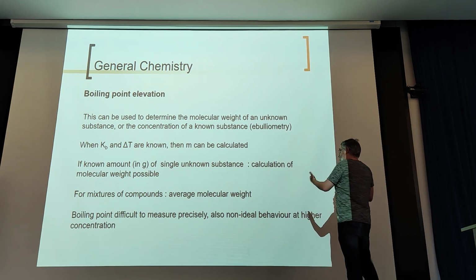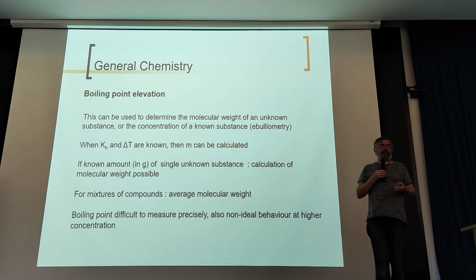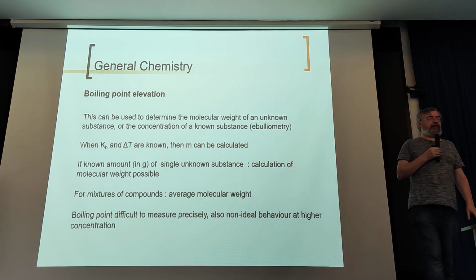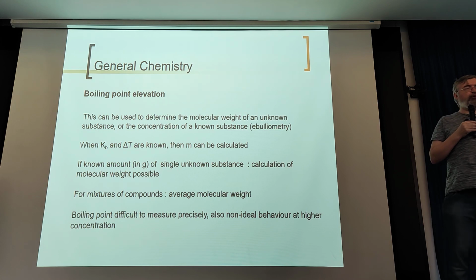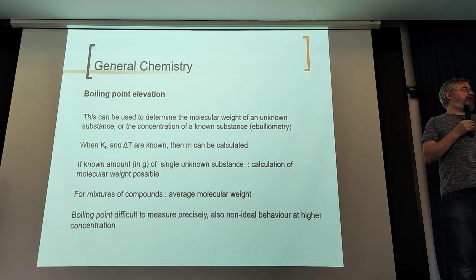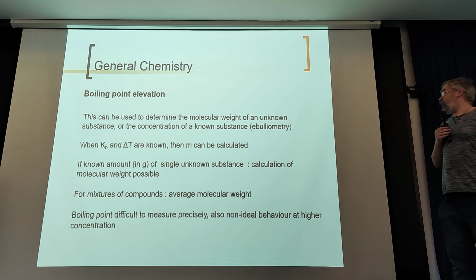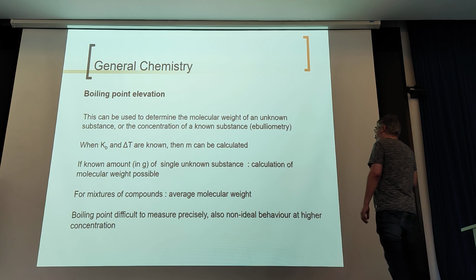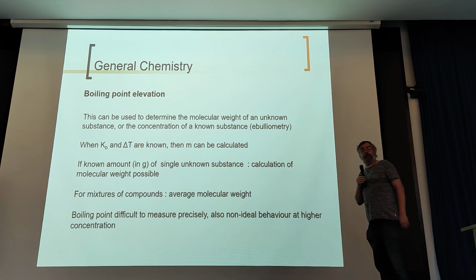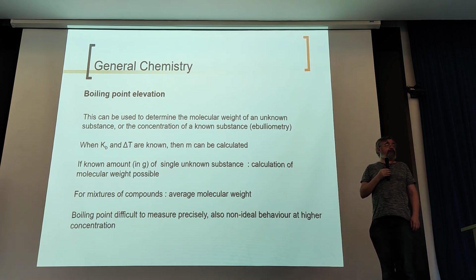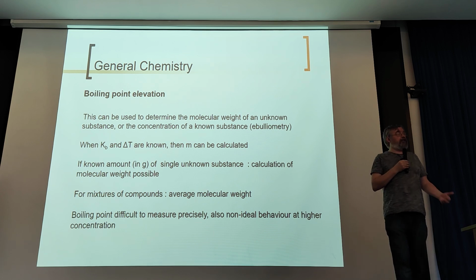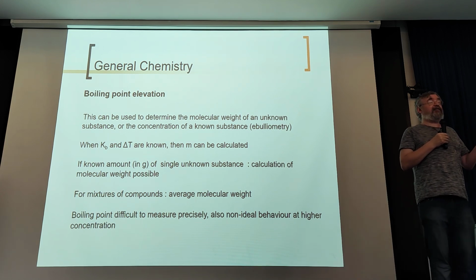We should say that this is not really a very accurate way of measuring molecular weights. You get an approximation. The boiling point is not so easy to measure exactly, and also there might be non-ideal behavior, especially at high concentration. And in the non-ideal behavior, the formula is not exactly correct.